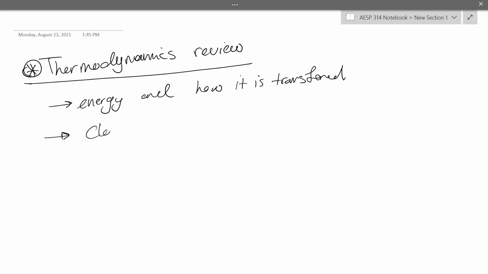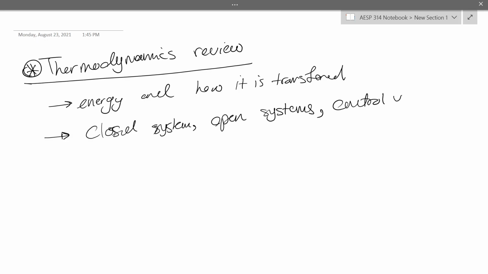We want to define the closed systems, open systems, control volumes, and also the boundaries, the system boundaries in general.